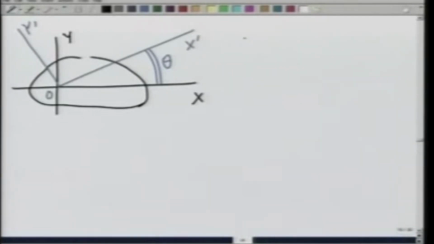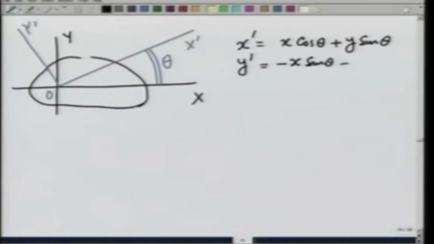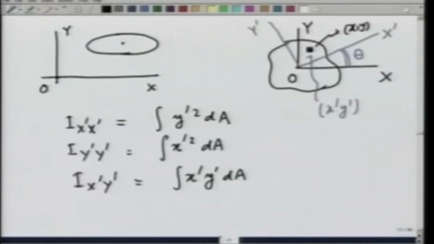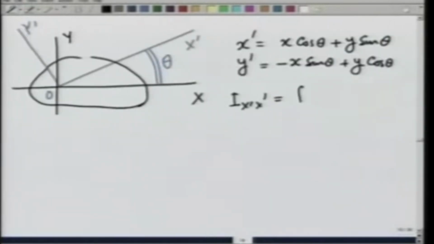We know from our previous lectures that x prime for a given point is equal to x cosine theta plus y sine theta. Similarly, y prime is equal to minus x sine theta plus y cosine theta. Using these, let us find what I x prime is. From the previous slide, we know this is equal to integral y prime square dA, where dA is a small area chosen.